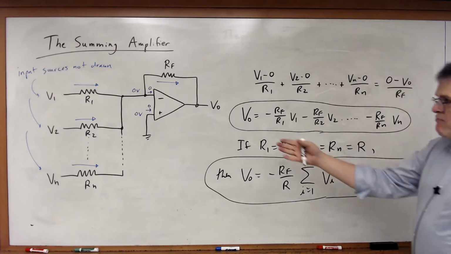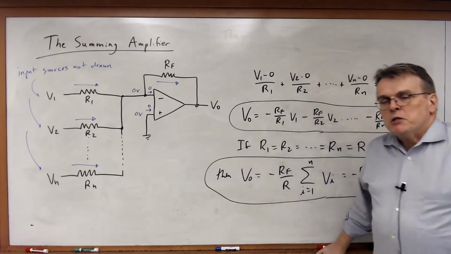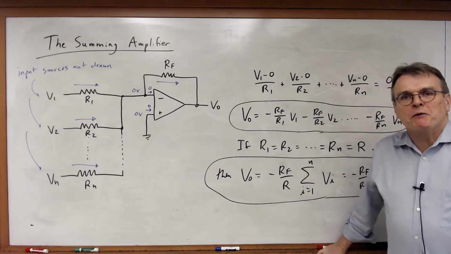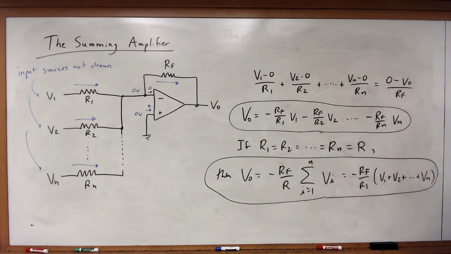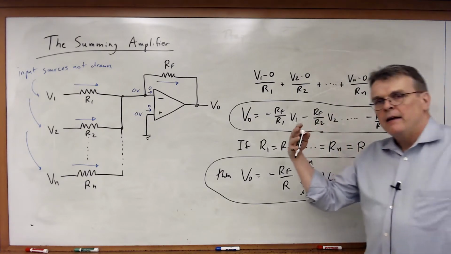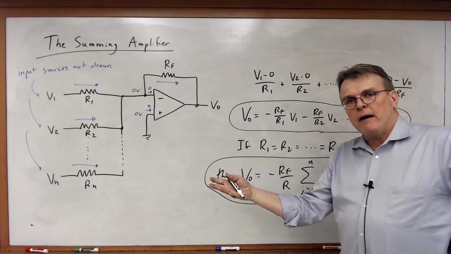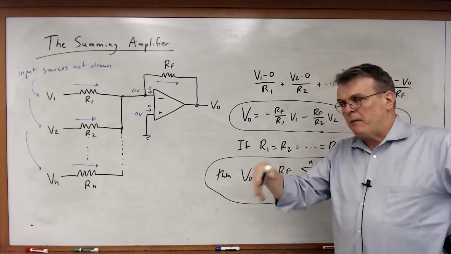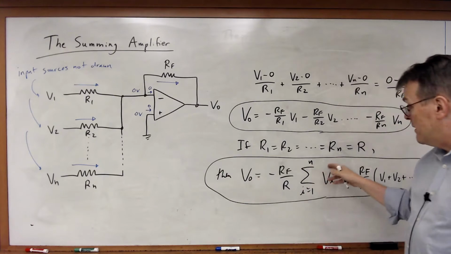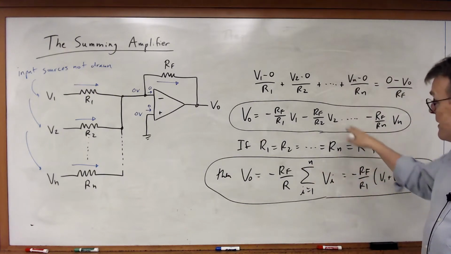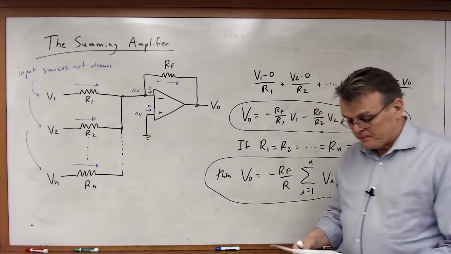This is basically a circuit that's doing math. It's doing algebra for you. It is summing together voltages for you. So before we had inverting and non-inverting amplifiers that would multiply an input voltage by a gain constant. This one not only does that, it now also can add together those voltages.